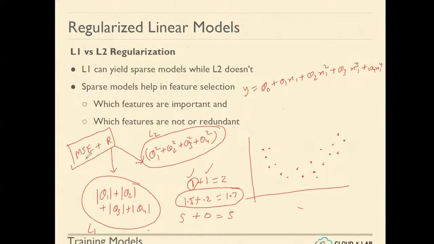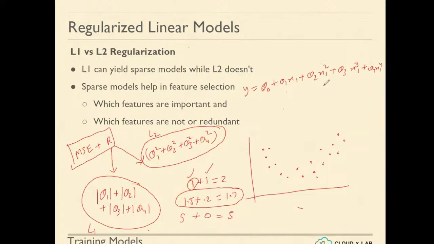So if this error is less, meaning we are using a highly complicated model, then in that case the sum of this L1 norm or L2 norm will increase, right? Or in other words, if we highly penalize these theta values, in that case the second term, this regularization term, will become very small, but then the MSE error will increase, right? So let's take this case.